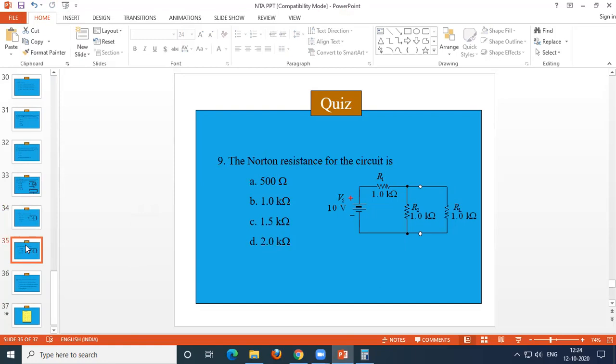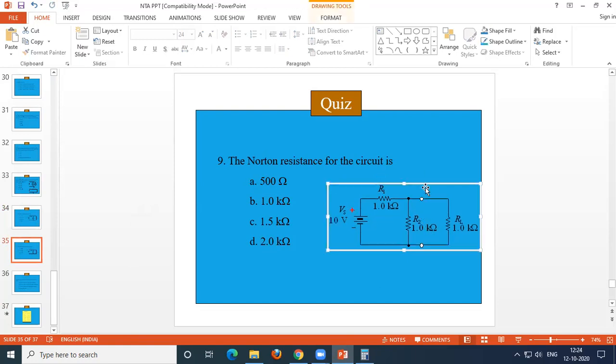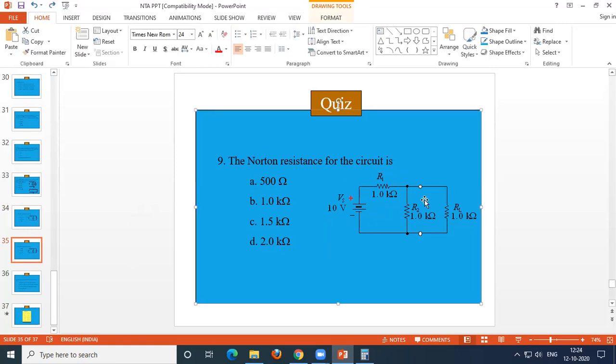Then for question 9, we have to calculate the Norton resistance. At that time we remove RL, then remove the 10 volt supply, then R1 is in parallel with R2, which means exactly half. 1k means 1000 ohm, 1000 divided by 2 gives 500 ohm.